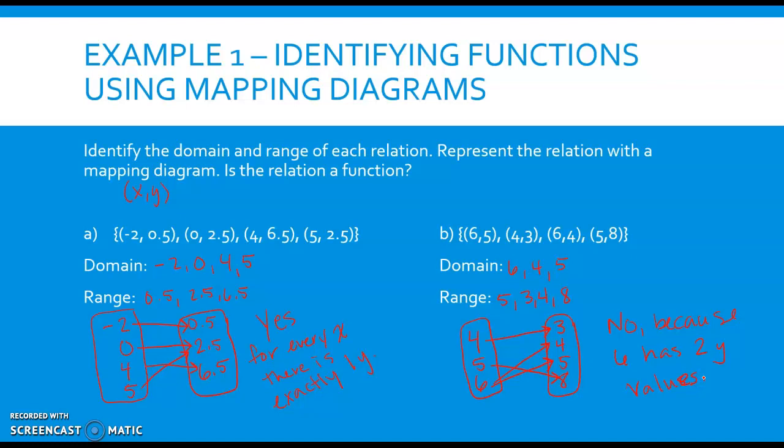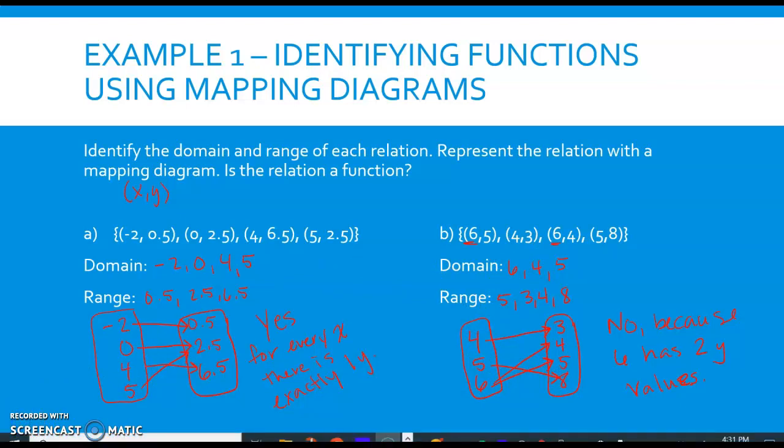All right. So if you are just given a list of points, you don't want to see your x value repeated. That would be a first clue, is seeing the x value repeated. If you are looking at a mapping, you don't want 2 arrows.